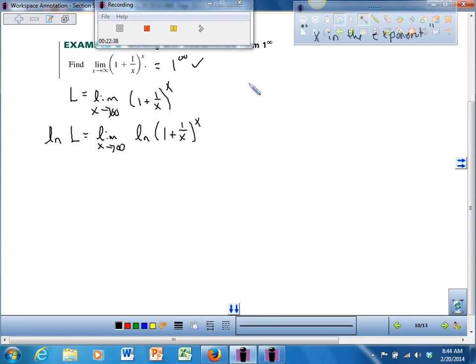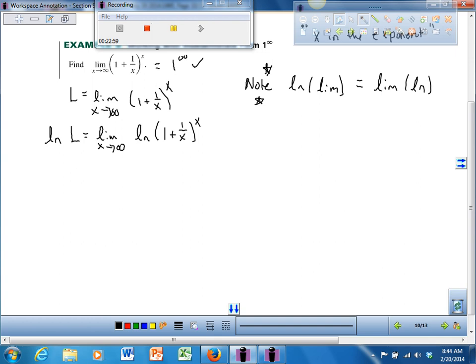And I'll make a little note here. The natural log of the limit of something is equal to the limit of the natural log. So that's why my natural log is on the inside. It's another property that's not given in the list of properties.